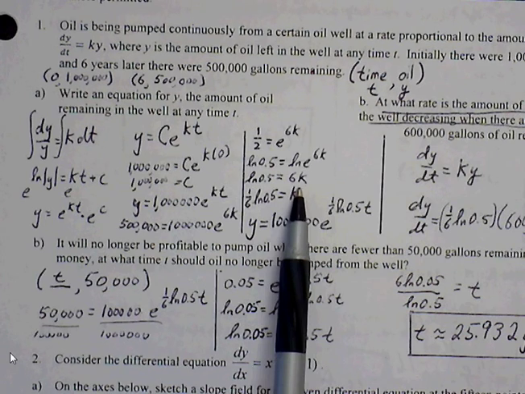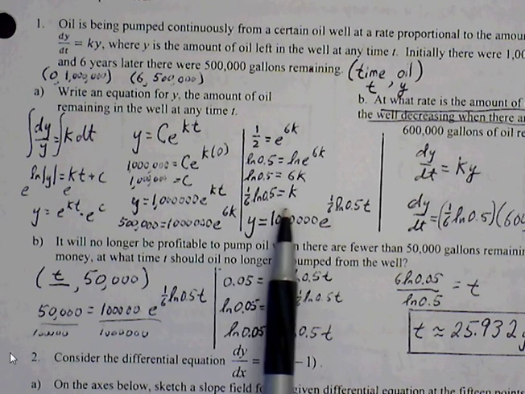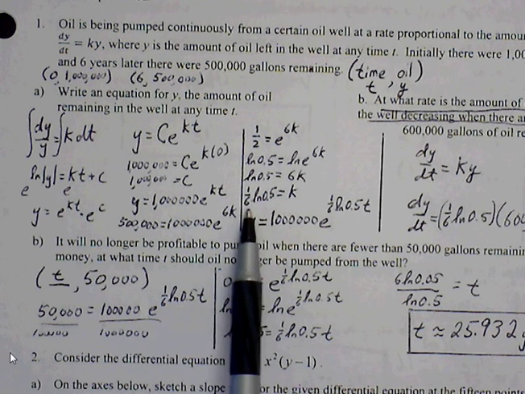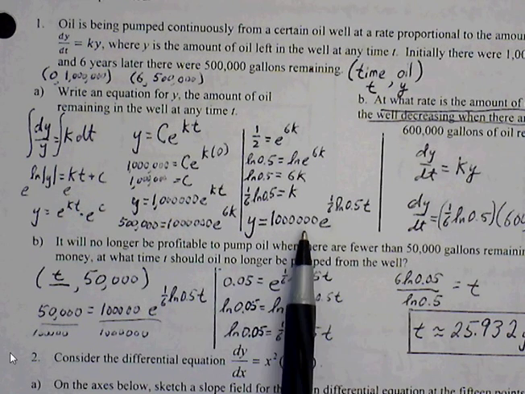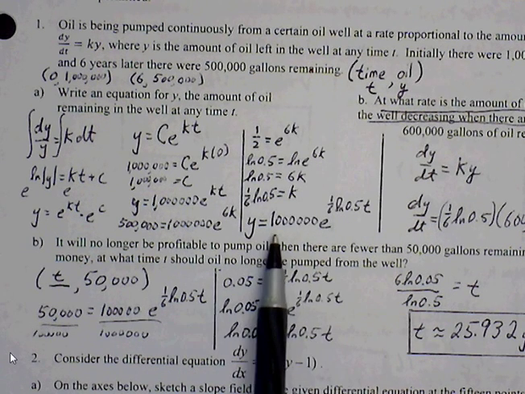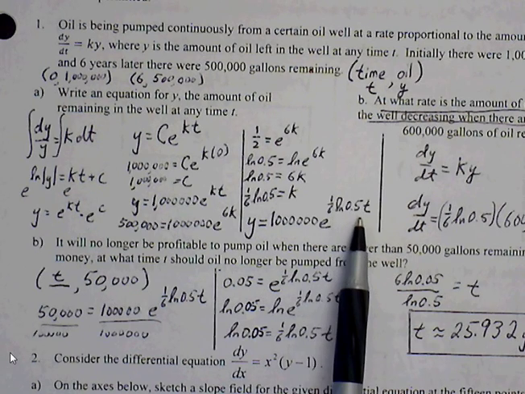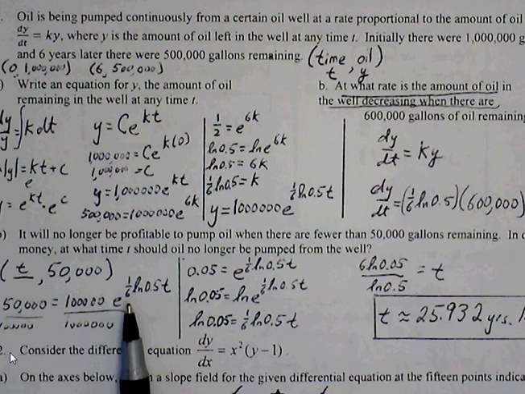Now we can solve for k by dividing both sides by 6. So k = (1/6) ln 0.5. Now that we have the c value and the k value, we have our specific equation: y = 1,000,000 e^((1/6) ln 0.5 · t). Okay, so that's part A for number 1.